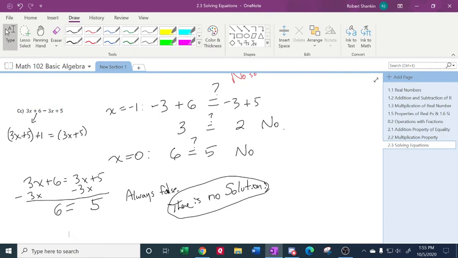But when we get to more complex situations, which we're not ready for yet, let me just show you something. Let's say two different people have a starting salary that's different. One person makes $20,000 a year, and the other person makes $30,000 a year. Now the person who makes $20,000 gets a bigger raise each year, so eventually, he'll catch up with the salary of the other person. We might ask, when will the salaries be the same?